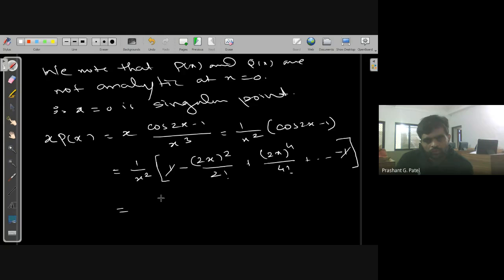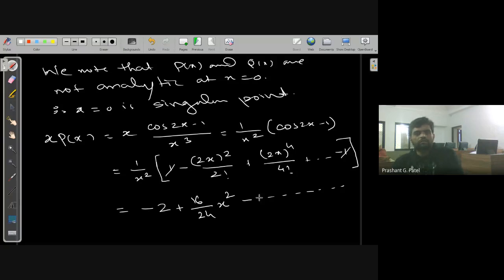Now we multiply 1 upon x square inside. Finally we will have minus 2, because the 2 will also get cancelled, but it is 4. So it is 4 upon 2 factorial, which is minus 2, plus 16 upon 24 x square, and so on.